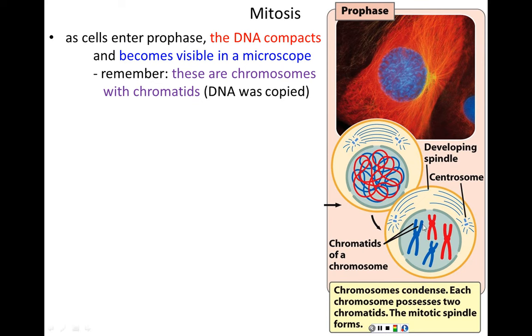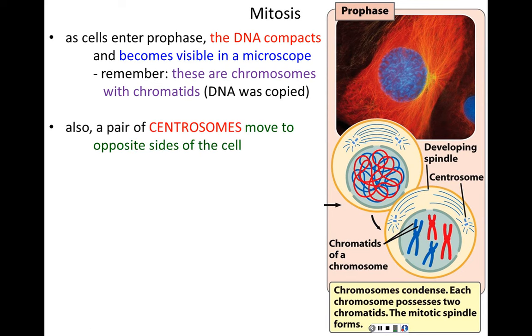So we are looking at these 2 sister chromatids held together as single chromosomes. Also, a pair of centrosomes move to opposite sides of the cell. We're talking about chromosomes, we're talking about centrosomes. Try your best to keep the terminology straight. I know there'll be a challenge there, but do the best you can.